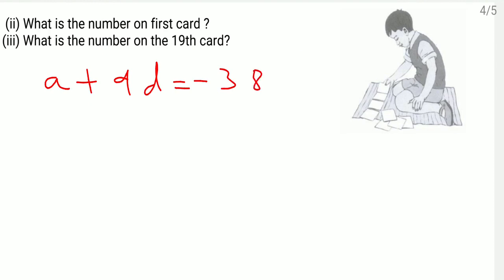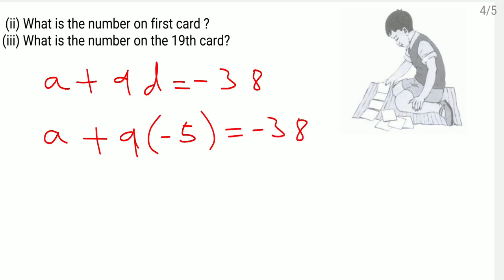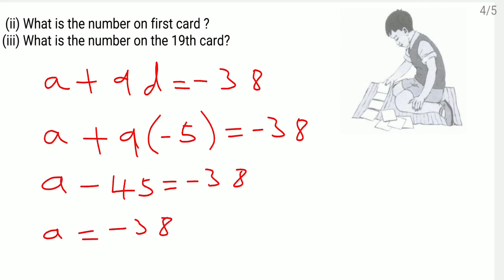Now value of A here as it is, 9, value of D, which came as minus 5, and here minus 38. So A minus 45, which is equal to minus 38. So A, which is equal to minus 38 plus 45. So A, which is equal to 7. I got the value of A, first term.